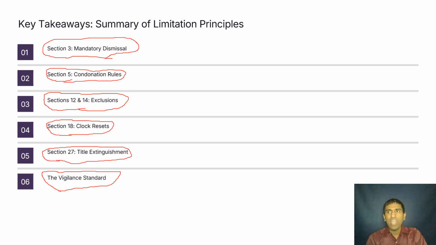So if you feel like filing cases for any grievances you have against anyone else, make sure to do so within the time specified under the Act. Just make sure to file cases as quickly as possible to ensure limitation is not attracted against you.